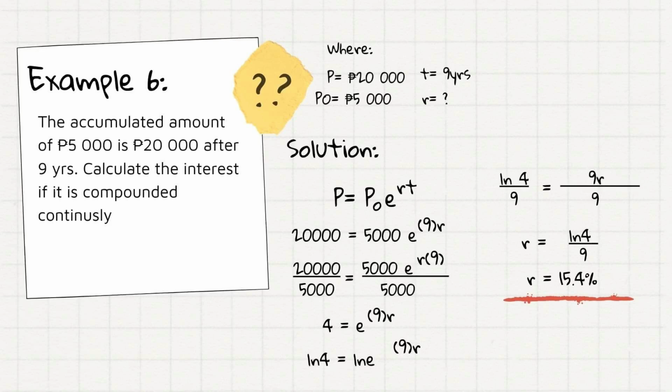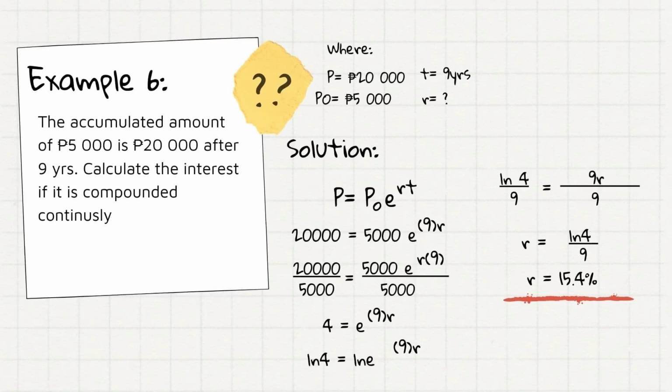To solve for the rate, we have our solution. P is equal to PO times e raised to the power of RT, which is the formula discussed by Miss Fajardo earlier. And we will plug in the given to our solution, which is now 20,000 is equal to 5,000 times e raised to the power of 9R.